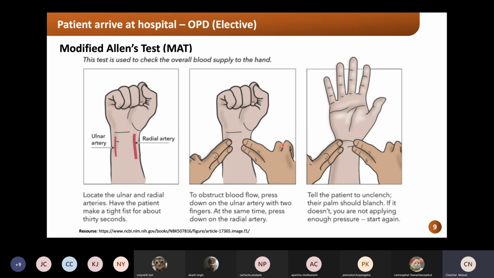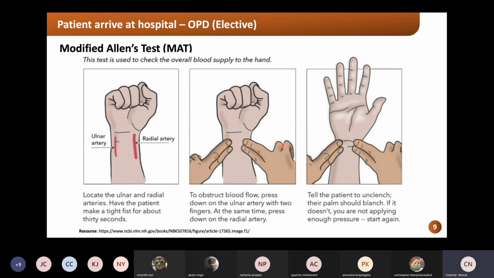After 30 seconds, you obstruct the blood flow by placing your fingers or thumbs on the radial artery and ulnar artery, like in the middle picture, with two fingers at the same time.